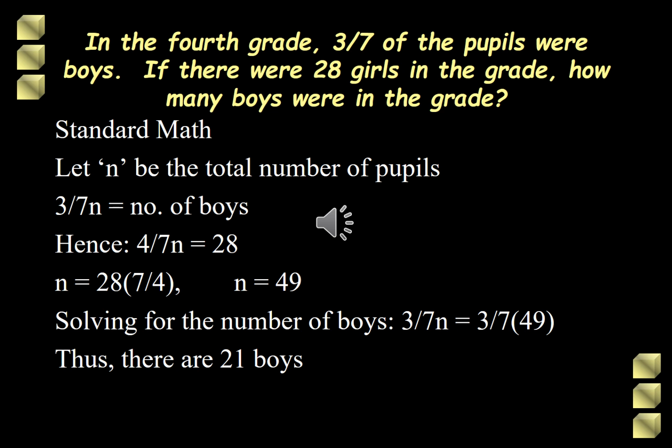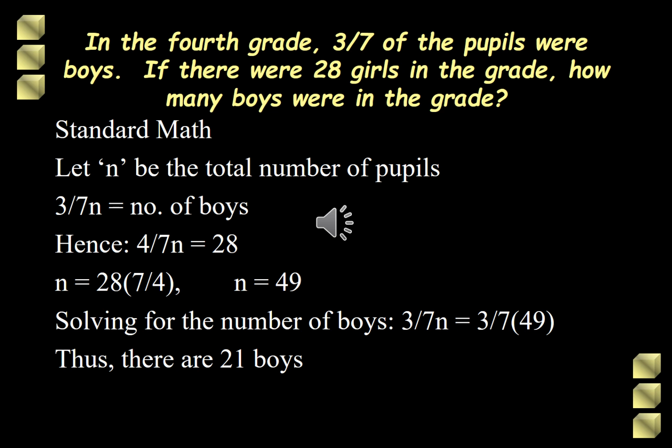Now, using the standard math or using algebra, we can denote n to be the total number of pupils. And the problem tells us that 3/7 of the total, that means 3/7 n is equal to the number of boys. Hence, 4/7 n would be the number of girls.